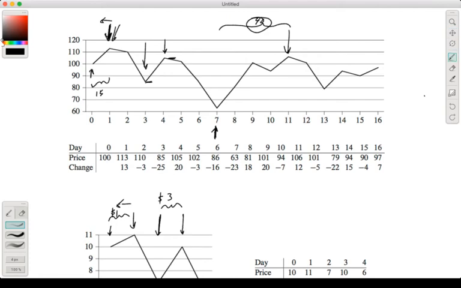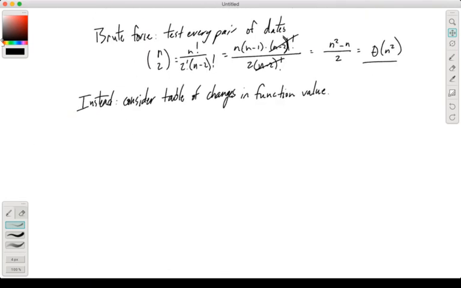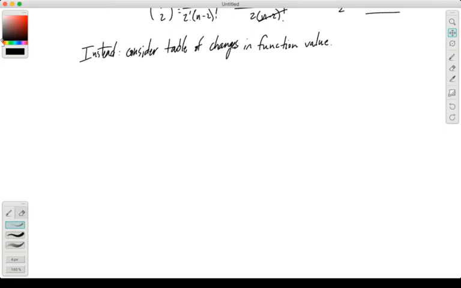Right here in this table, we have the price, but we also have the change in price. So right here we see that the price increased by $13 a share. But in the next day, it decreased by $3 a share, so it went from 113 to 110. Here we see all the differences in the price for that day, and that's the data set we're going to be dealing with. Now to compute that array, it's going to be order n. We have to look at every element in the array one by one. But this we can do.